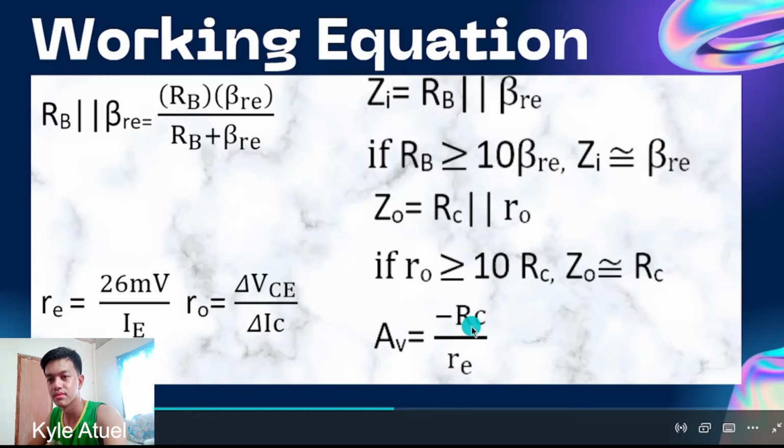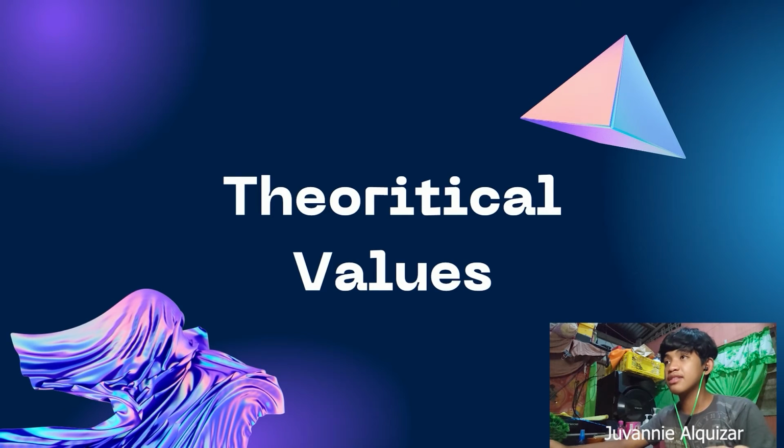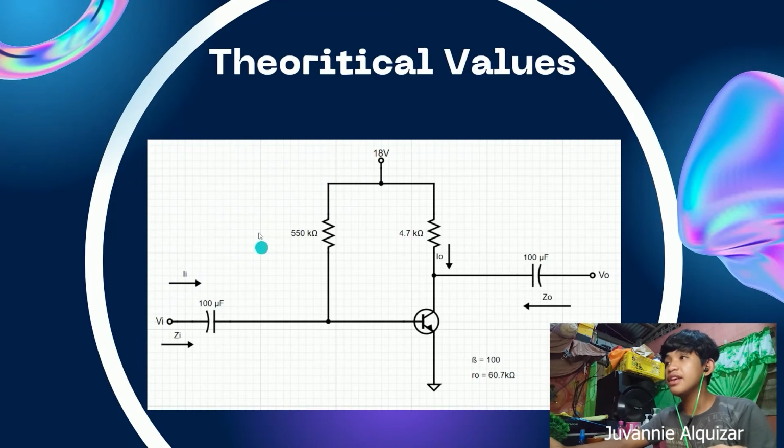Thank you. Hi, I am Juvannie Alquizar, and I will be tackling a part of the theoretical values, specifically the output and input impedance. This is our fixed bias configuration circuit.